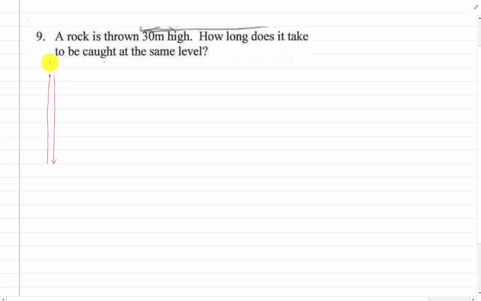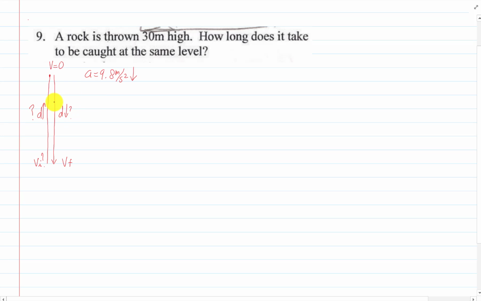At the top, we know the velocity here is 0. We don't know how fast it's thrown, and we don't know the speed that it lands at. We know that the acceleration is 9.8 meters per second squared down. We don't know the height that it went up, which is also the height that it went down.